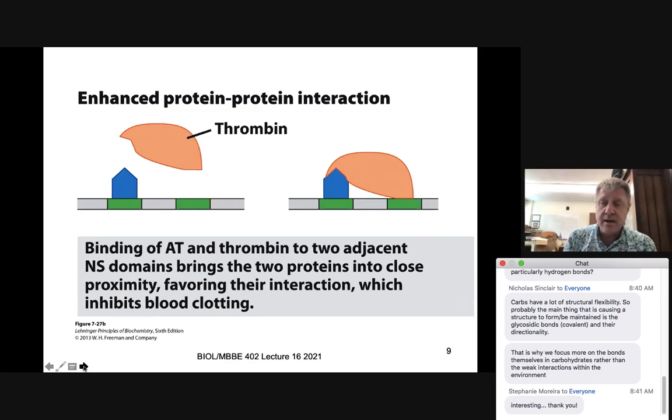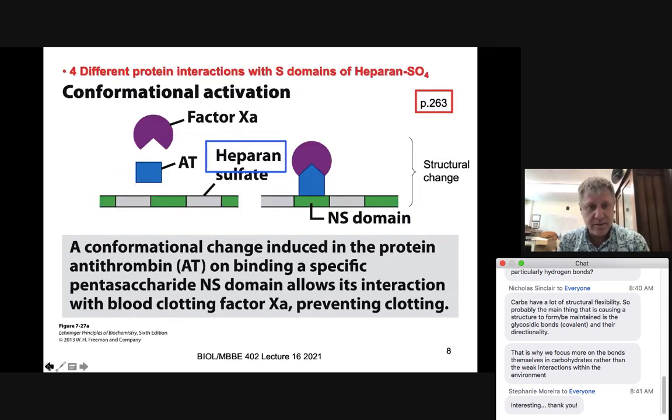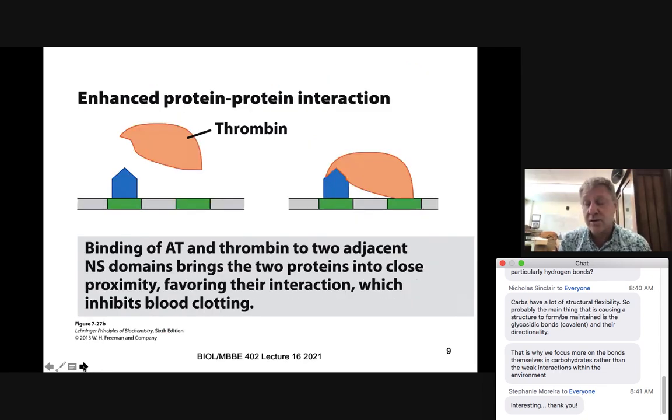The antithrombin binding to the NS domain, as we saw previously, causes that configurational structural change. But the change does not only attract factor 10a. It can also attract another protein called thrombin. Importantly, thrombin actually has to bind to two NS domains to do its particular function.